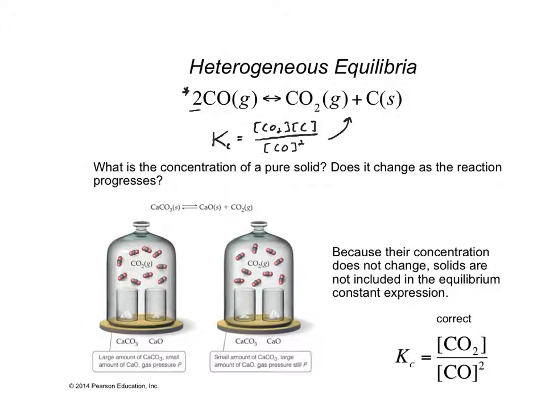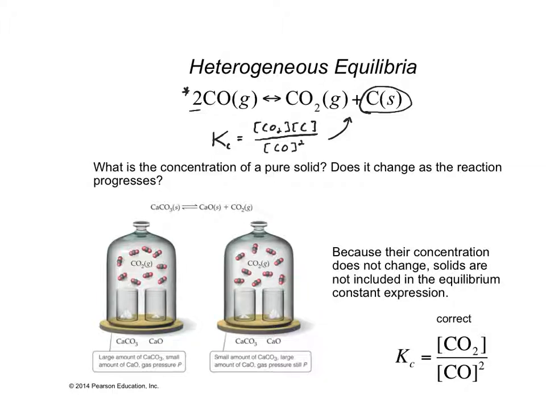Now note that one of our products here is carbon, so it's solid carbon, okay? And we have to think that in these chemical reactions, what we're dealing with respect to Ks is changes in concentrations, changes in partial pressures, etc., right? So if we have something that is a solid that's part of our reaction, is it going to change concentration at all throughout the reaction, right?